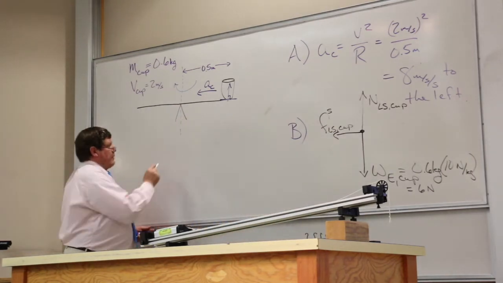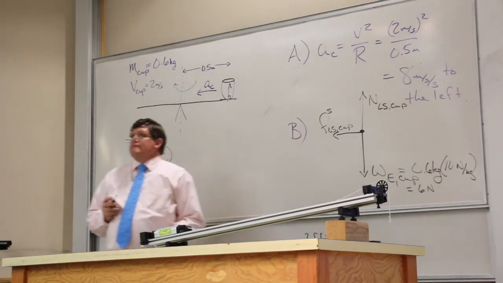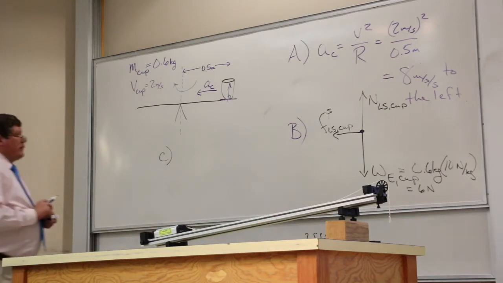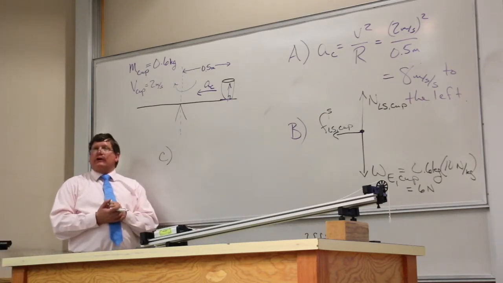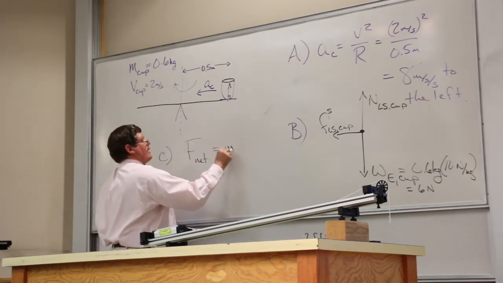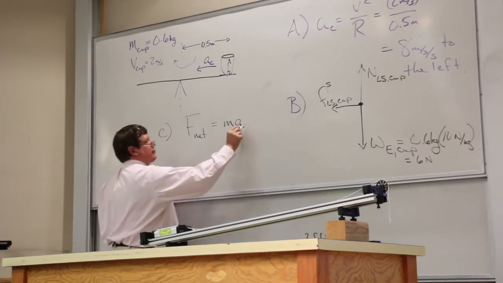Now, when I find that static friction force, I don't use a static friction force equation because there is no static friction force equation. There is a formula for when we break free of static friction, what the maximum static friction can be. But when we're looking for the actual static friction, we use Newton's second law, F net equals ma. And I always get to use Newton's second law twice.